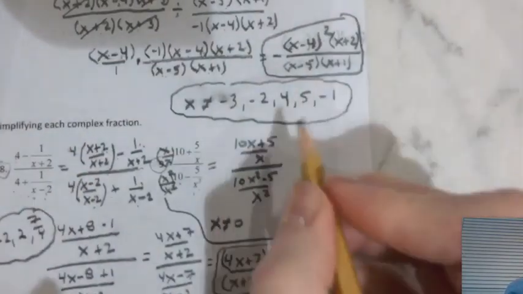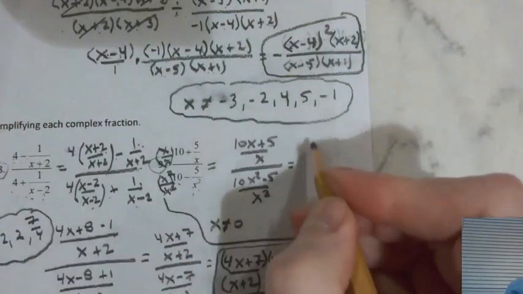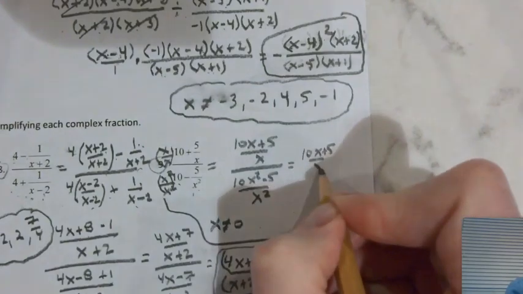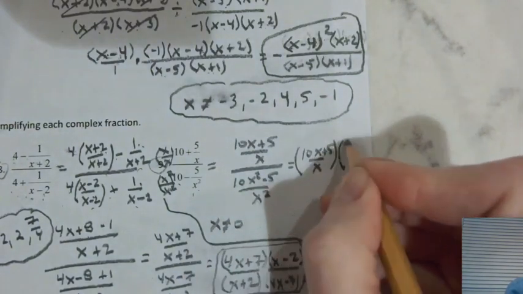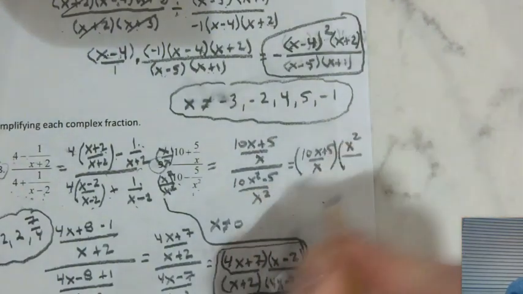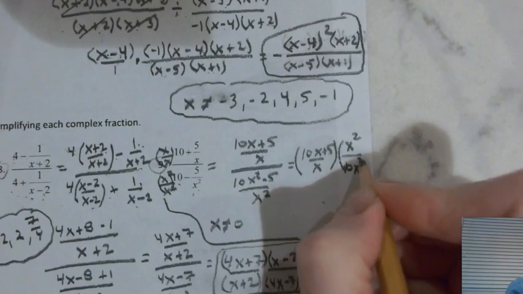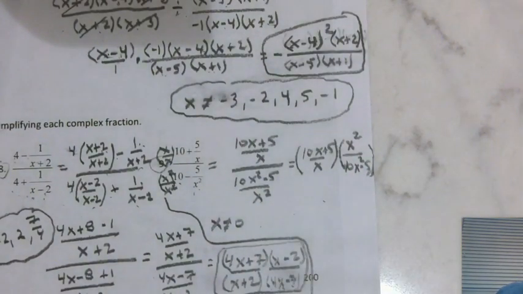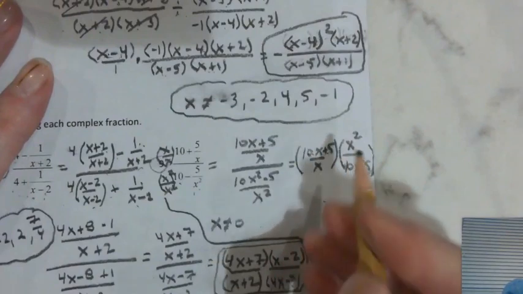Okay, and we're going to do 10x plus 5 over x, and then instead of dividing by this, we're going to multiply by x squared over 10x squared minus 5. Okay. Now one of the x's will cancel, but let's factor. We can factor out a 5 from here.